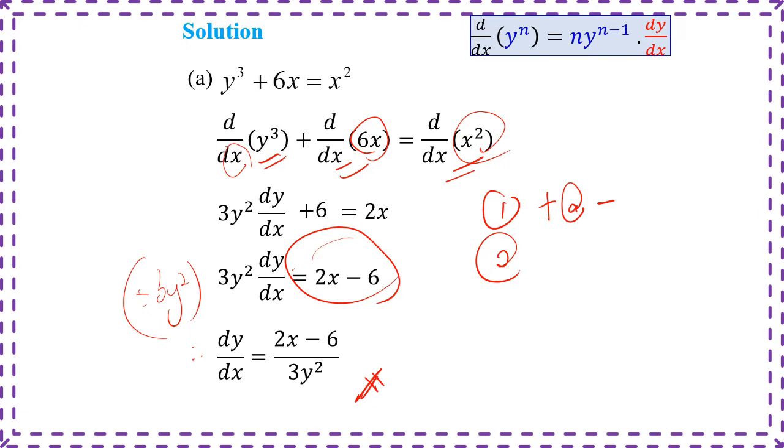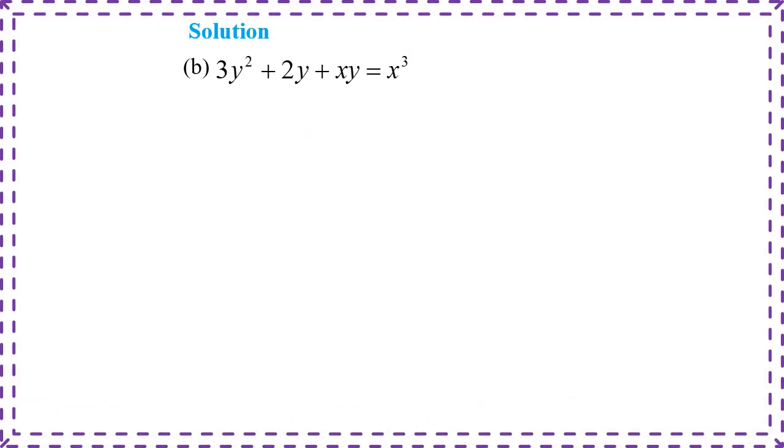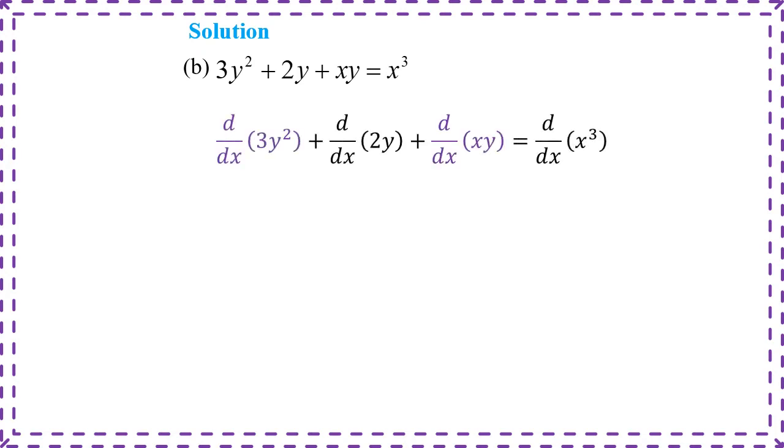Okay, let's move on to question B. So we have 3y squared plus 2y plus xy equal to x cubed. So differentiating each of these terms. To differentiate 3y squared with respect to x, not the same variable, we need to apply the implicit differentiation.